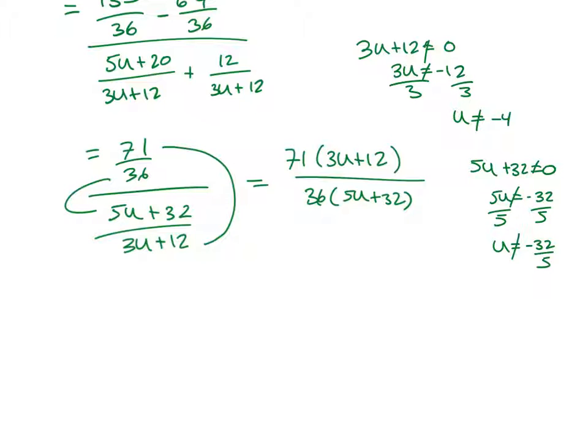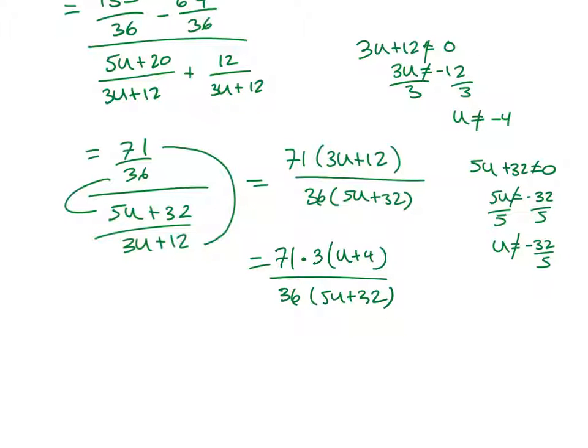Right? Now, I'm going to continue simplifying here. So 71 times 3. But before I continue, as you can see here, I have a common factor of 3. I'm going to simplify that first, so it's easier for us to simplify the fraction at the end. So if I take out that common factor, I have 3 times u plus 4 divided by 36 times 5u plus 32.